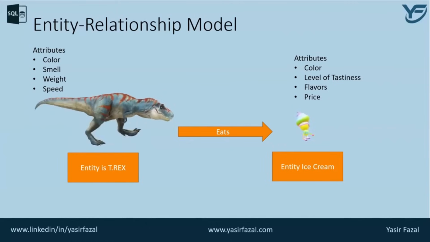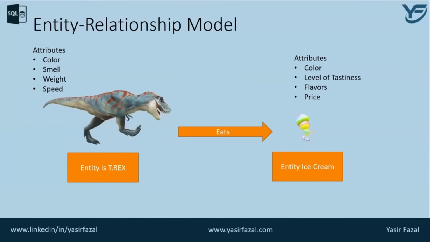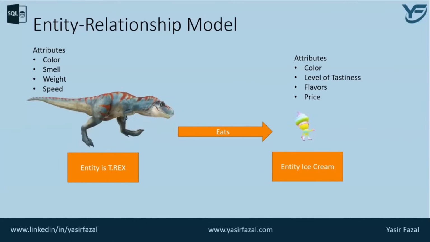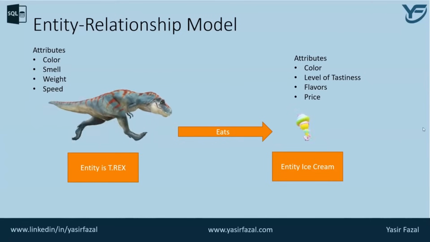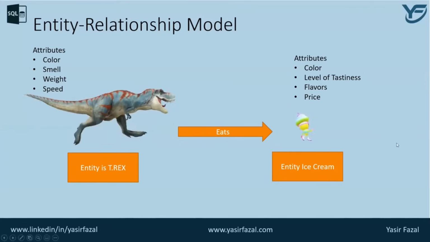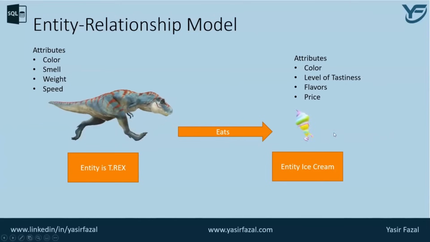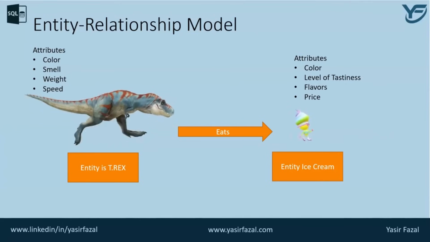So when we talk about the entity relationship model, we are talking about two or more entities and the relationship among them or between them. This is something about the entity relationship model.